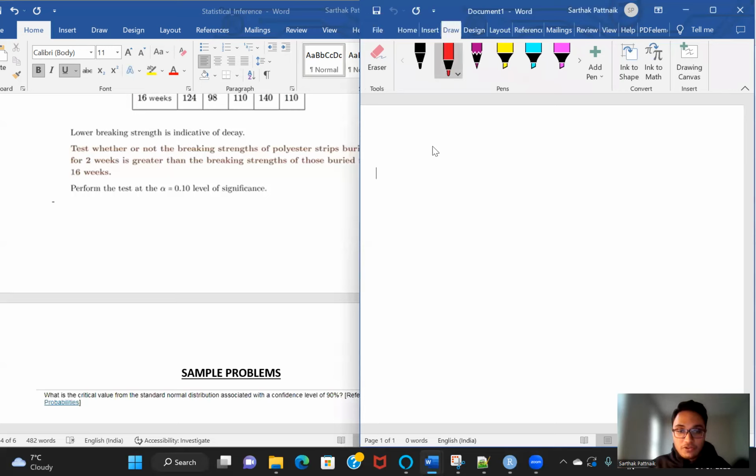So you have been given the confidence level as 90%, or you can write it as 0.9, right? And you need to calculate the critical value. Now, the critical value is for the standard normal distribution. So for a standard normal distribution, you guys have studied the critical value is Z critical.